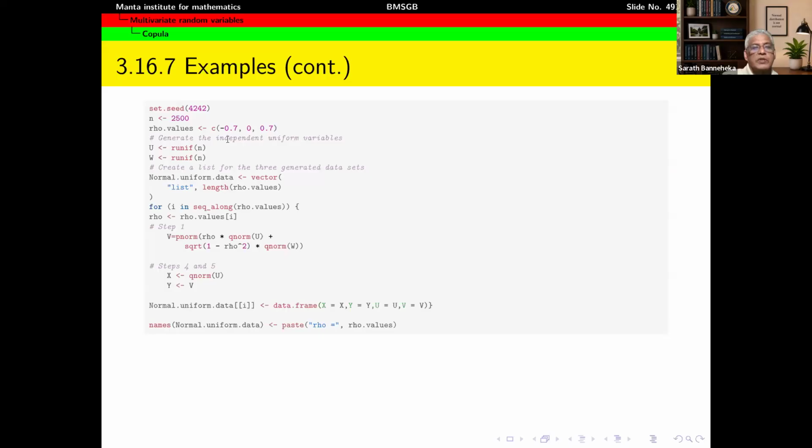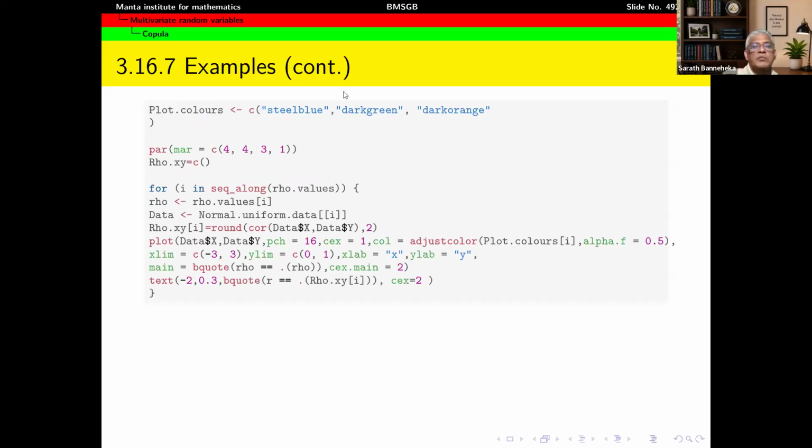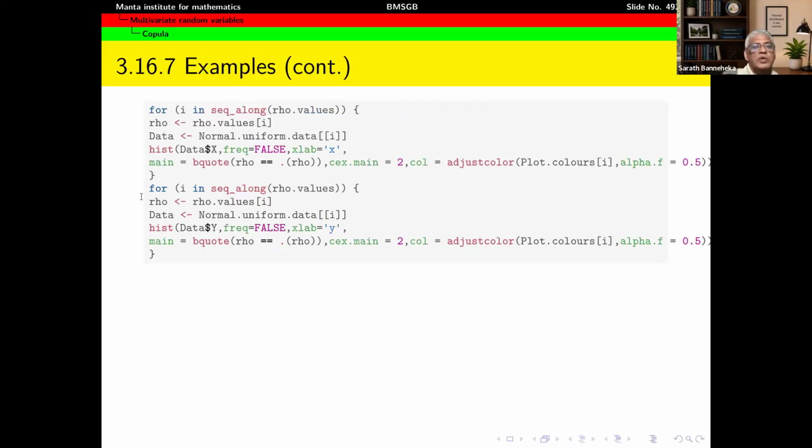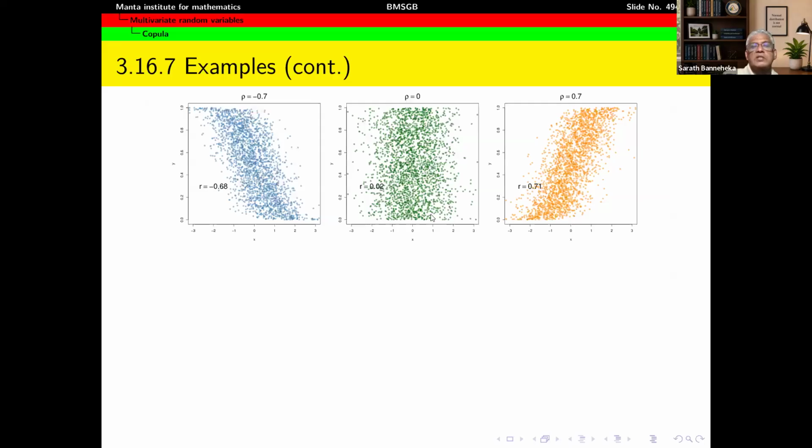So this is the command to get those graphs here. I'm not going to spend too much time explaining those. For each i, I plot the X values and Y values, and that gives the scatter plot. And I also do the histograms for each of X and Y. Right, so then I get this graph.